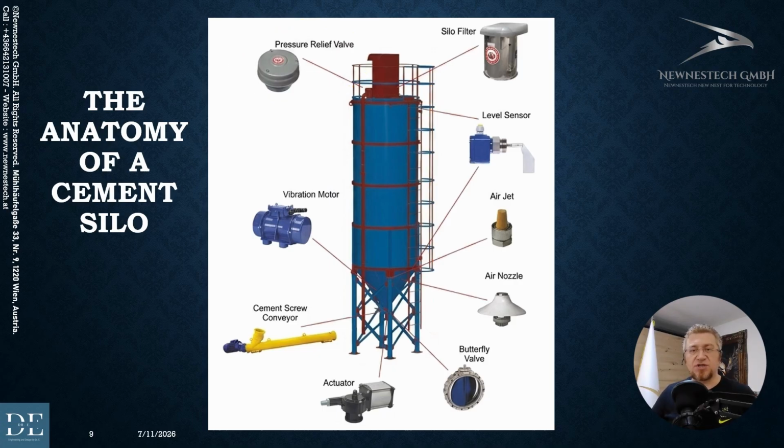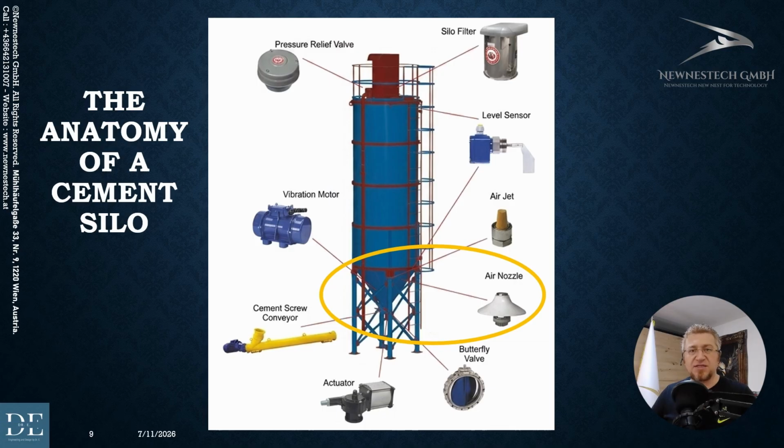Moving down to the conical hopper, you will notice a series of fluidization pads commonly referred to as aerator mushrooms. In a silo of this scale, we typically install a ring of 4 fluidization pads spaced evenly at 90-degree intervals around the lower third of the cone. These pads feature an internal air jet element that injects low-pressure, high-volume compressed air directly into the bottom of the silo.